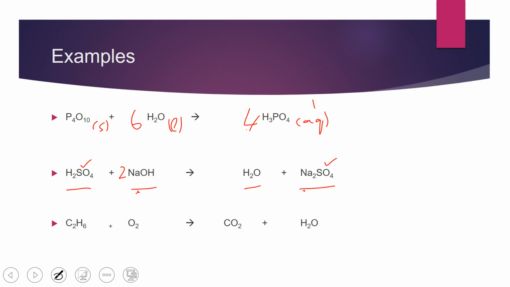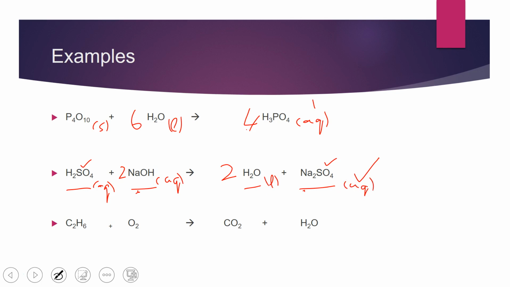I've got 1, 2, 3, 4 hydrogens and 2 oxygens, which means if I make 2 waters, this gives me 2 oxygens and 4 hydrogens, and I'm balanced. Oops, we just forgot our states, so we'll put in aqueous because it's an acid, aqueous because it'll be a solution of a base, liquid, and then this will be aqueous as well.